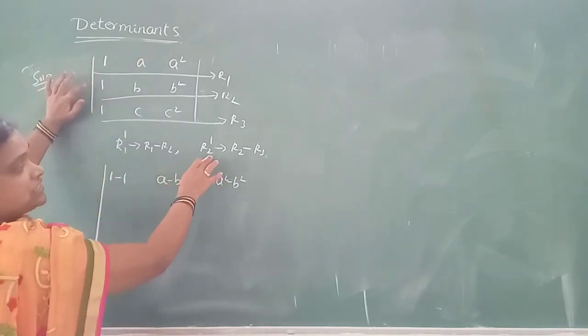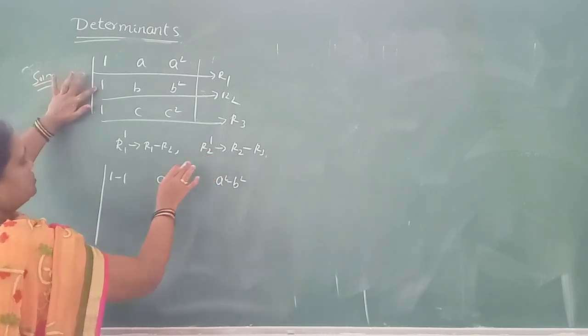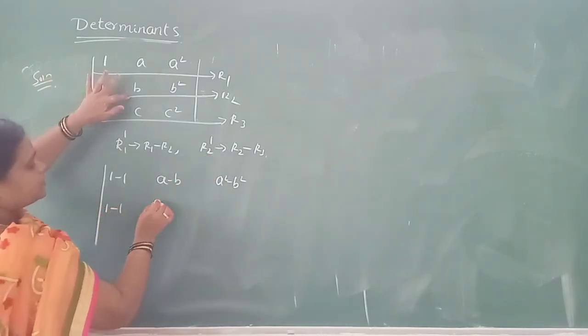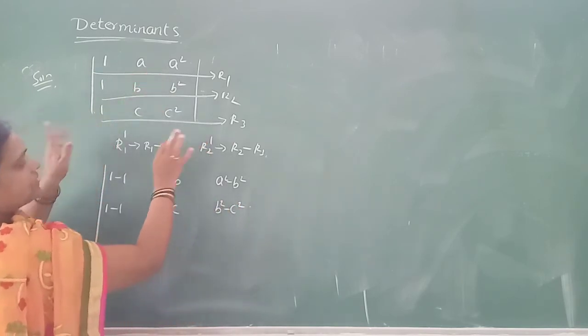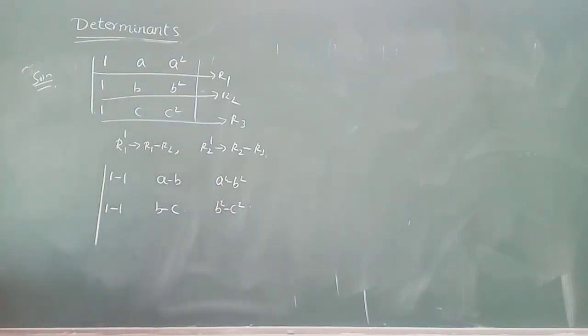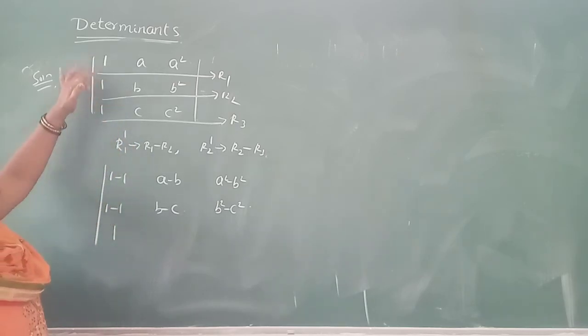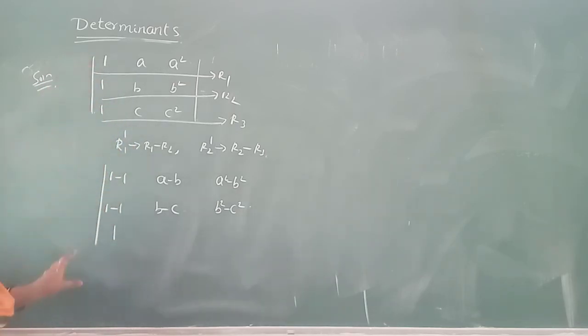Next, the second row changes because R2 to R2 minus R3: 1 minus 1, B minus C, and B square minus C square. R3 has no changes, therefore we write it as it is. Remember that we do a maximum of 2 operations in the determinant, not 3. If I take the third one, 1 minus 1, it will be 0, and we know that if any row or column of the determinant is 0, then the whole determinant is 0. Therefore, we take a maximum of 2 operations.